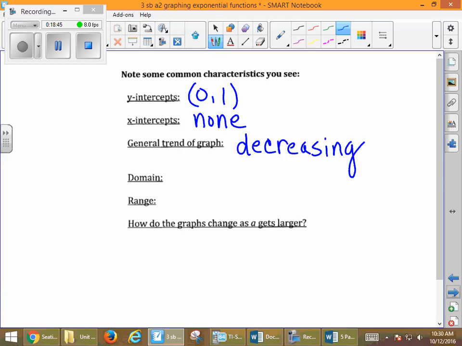And in terms of the domain, it's going to be negative infinity to infinity. X is allowed to be any value. That's our input. Whatever we pick can go in. But our output is limited. It's still 0 to infinity. And again, 0 is not included.